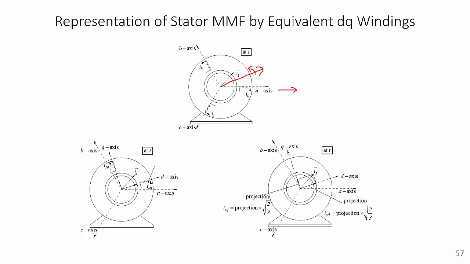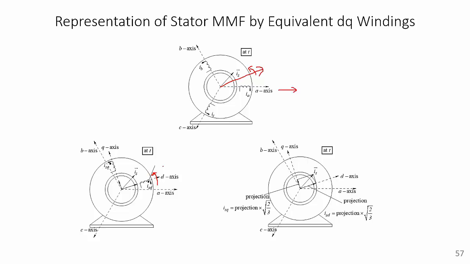This is what we are going to achieve by use of DQ windings, as shown in this image here. By use of space vectors, we have already reduced the 3-phase winding system into a 2-phase winding system. Now, instead of having those 2-phase windings on a fixed axis, let's consider that the axis of winding itself can be rotating.